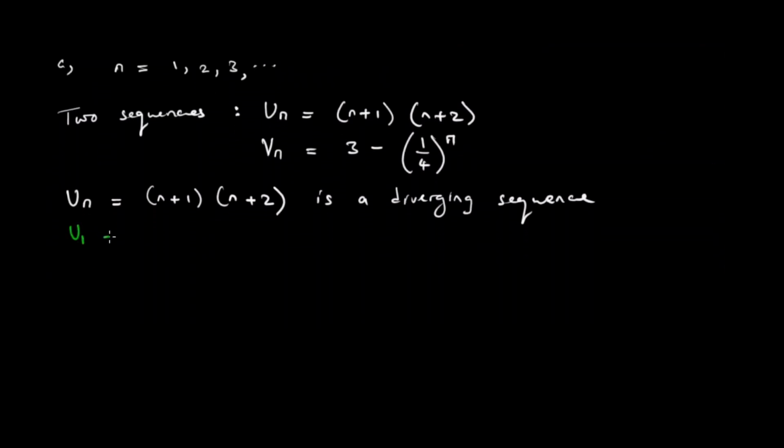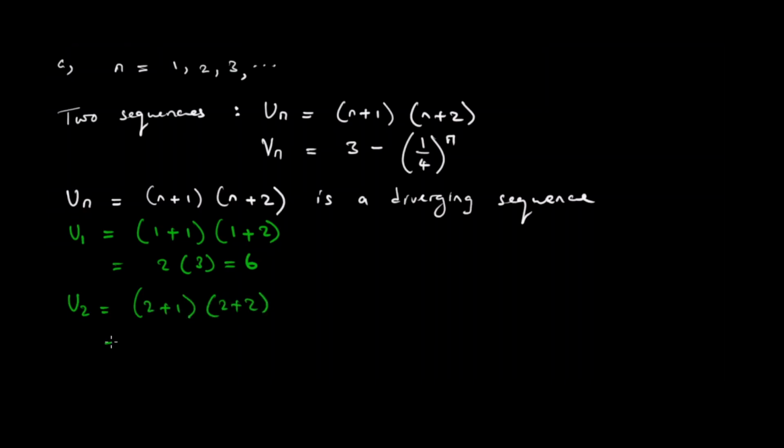Saka the first term panapa inenge iri 1 plus 1, 1 plus 2, which is 2, 3, saka ndi 6. Second term inenge iri 2 plus 1, 2 plus 2, 3 times 4, that's 12. Saka the third term inenge iri 3 plus 1, 3 plus 2, 4, multiplying, that's 20.